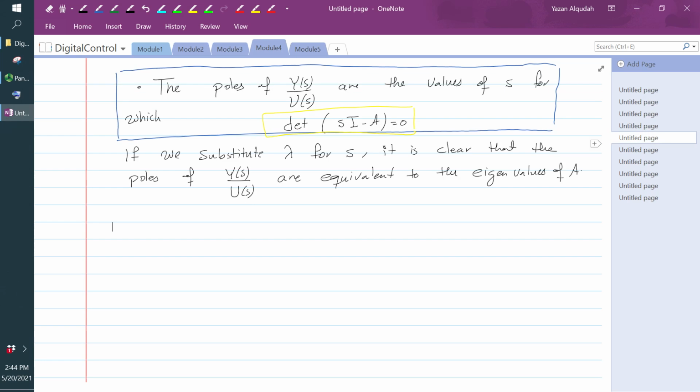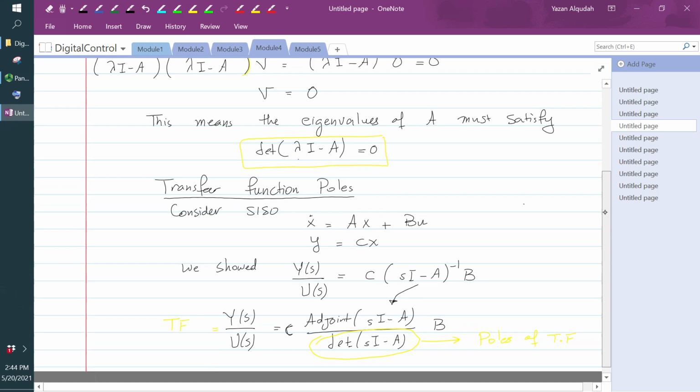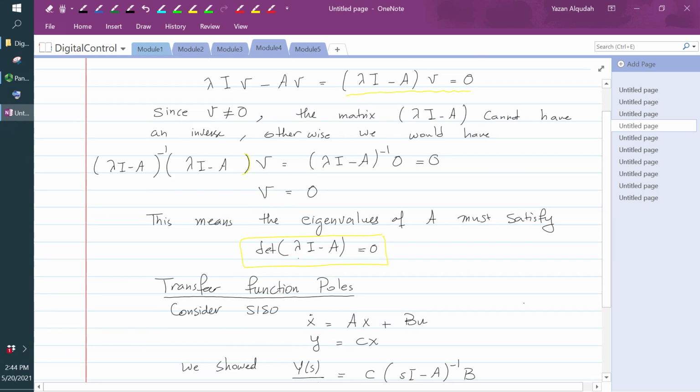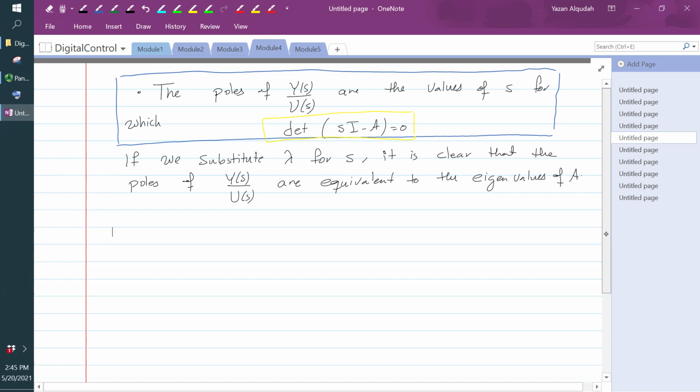Now then, we said we are interested in what these eigenvalues mean, and we did some development to show that the eigenvalues of a matrix satisfy the determinant of lambda I minus A equal to 0. We realized that this formula is similar to what we use to calculate the poles of the system, and therefore we concluded that the poles of the system are nothing other than the eigenvalues of the system.